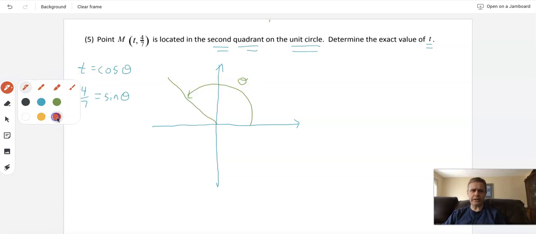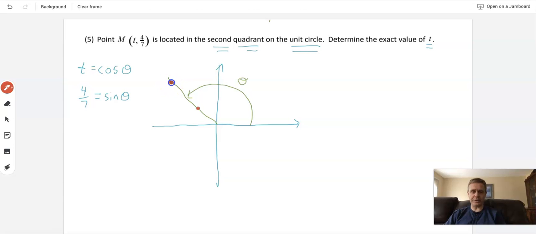And now the thing is, the point M is on the unit circle, and I made my right triangle in the solution key. But I don't want to actually use that point M. Maybe point M is over here, but I would rather choose a point over here instead that is not on the unit circle to actually answer this particular problem.